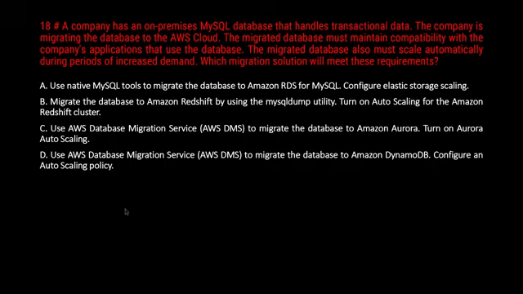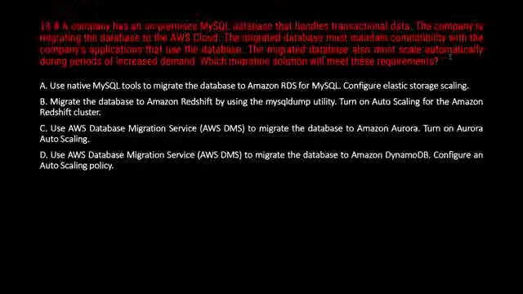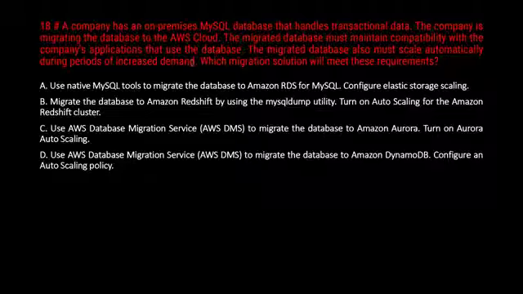A company has an on-premise MySQL database that handles transactional data. The company is migrating the database to AWS Cloud. The migrated database must maintain compatibility with the company's applications that use the database. The migrated database also must scale automatically during periods of increased demand.